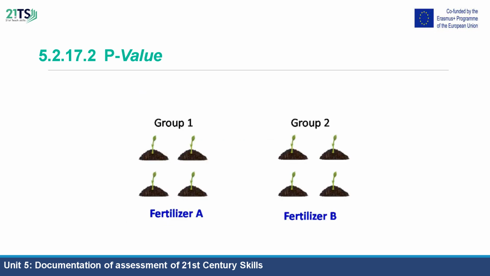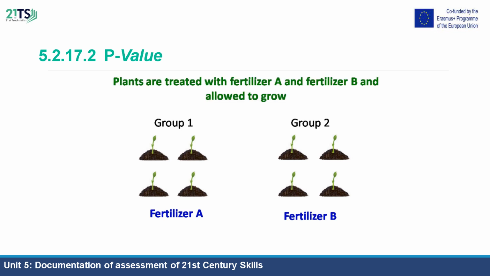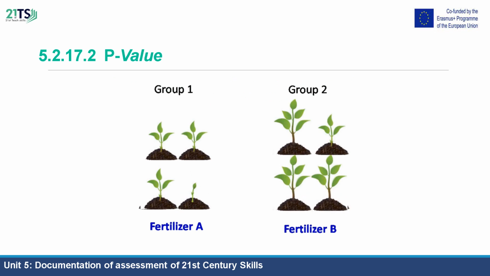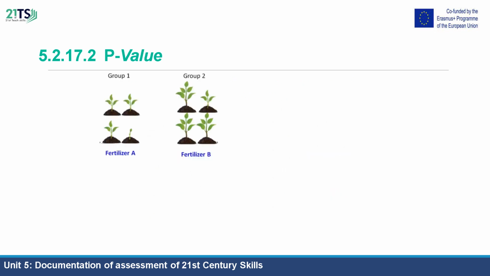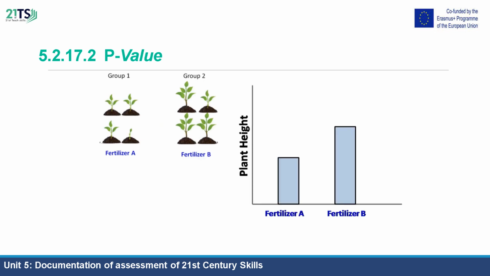Okay, let's take an example of the t-test. The t-test is used for the comparison of means. Let's consider the previous experiment where the plants were given fertilizer A and fertilizer B. Let's say a graph represents the mean and the standard deviation in the height of the plant.